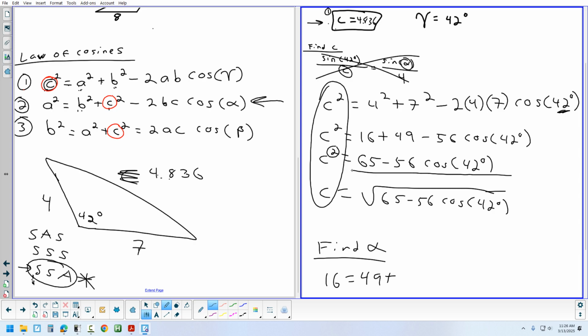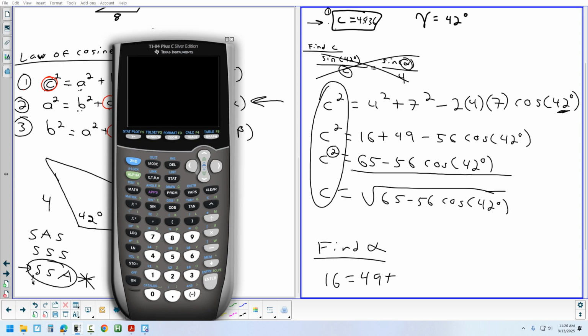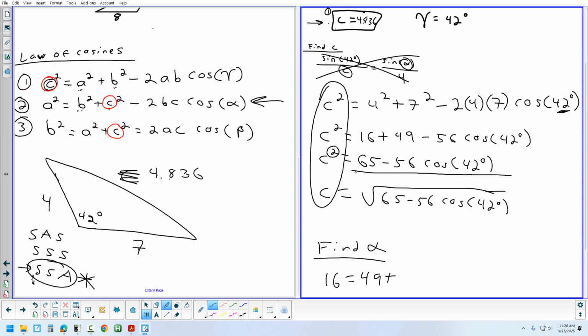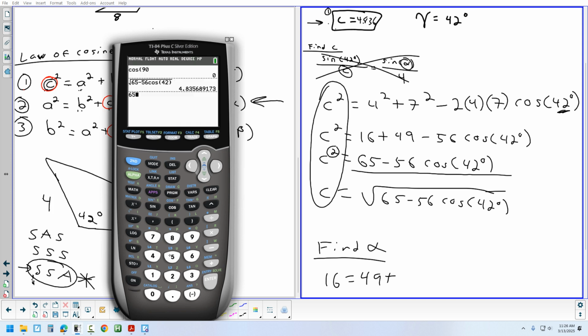Do you not want the rounded version when we're doing this part? Right, that's why I'm not going to take 4.836 and square it. Okay, that is c squared, but I'd rather go back to the exact answer for c squared, because there's no rounding. So it was 65 minus 56 cosine 42. Okay, so that's the exact answer for c squared.